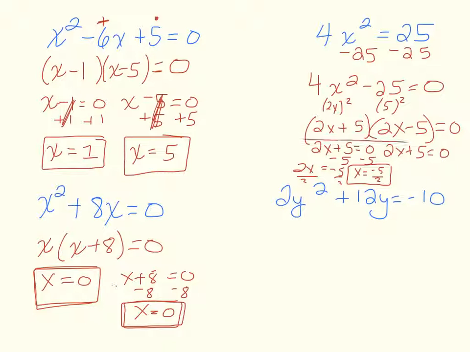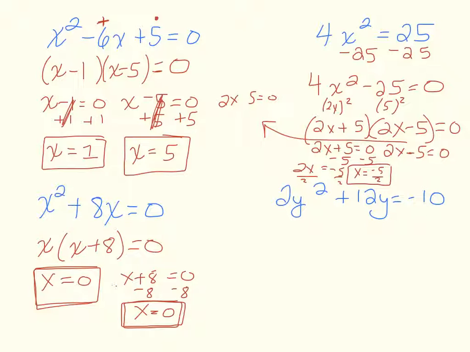And I'm going to come over here and work this one out. So if I have 2x plus 5 equals 0, uh-oh, this one shouldn't be a plus. I probably said minus, but I wrote plus. Let's see, this should be minus, right? Because this first one was plus, so this one should be minus.